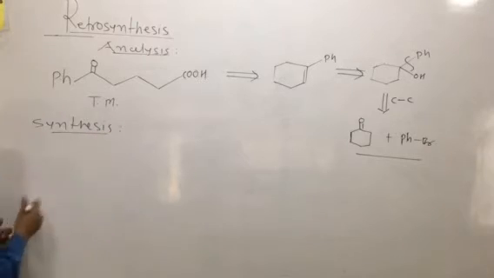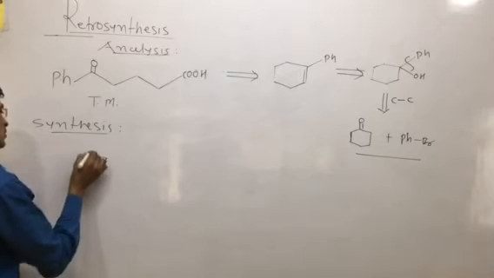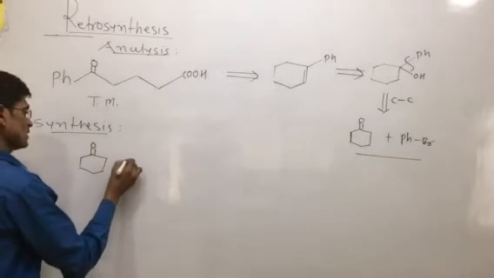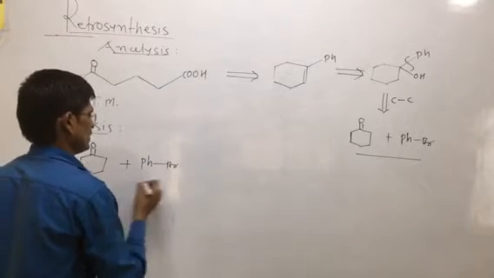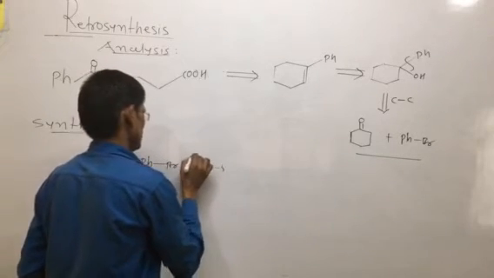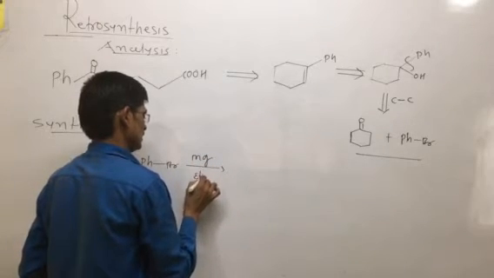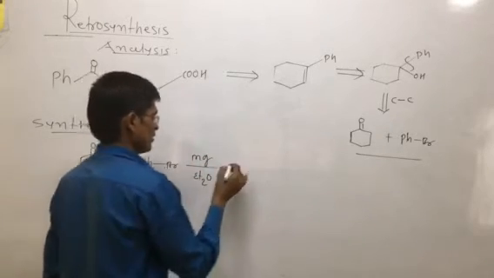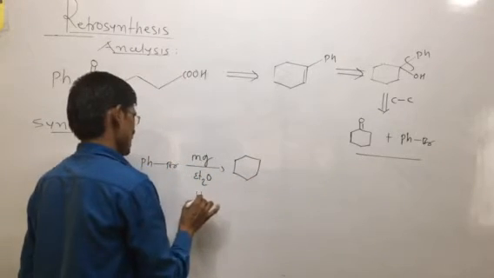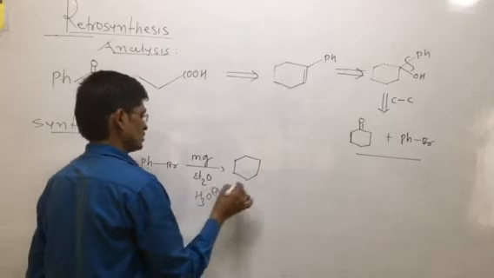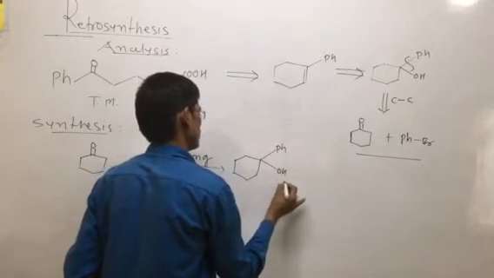Now what will be the synthesis plan? We have cyclohexanone, and this cyclohexanone is treated with bromobenzene in the presence of magnesium metal and diethyl ether as the organic solvent. Then after hydrolysis in acidic condition, there is formation of a tertiary alcohol.